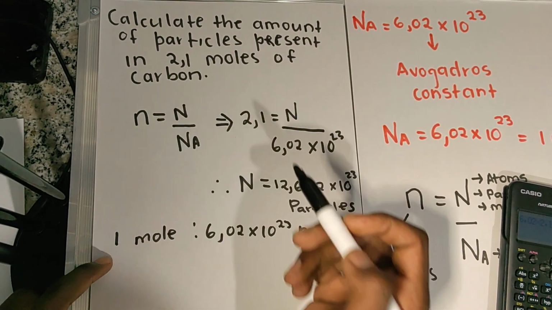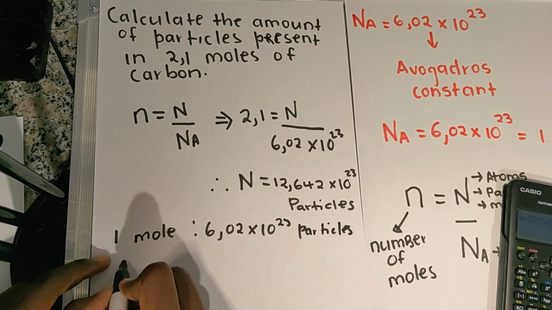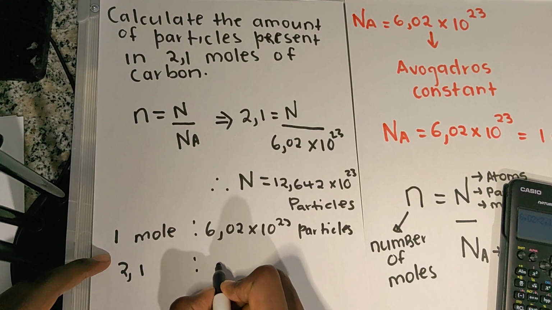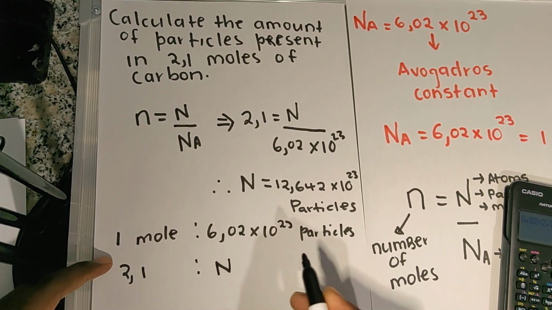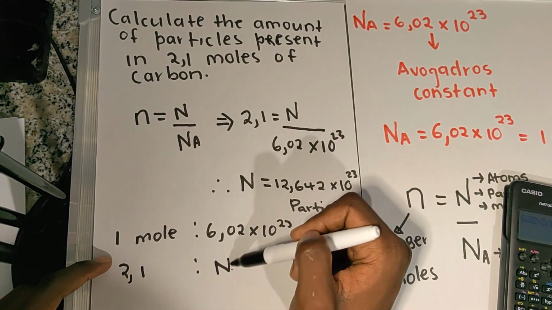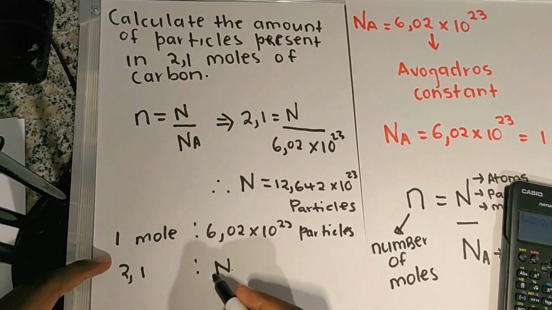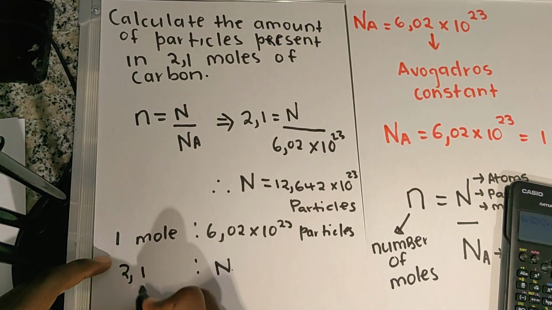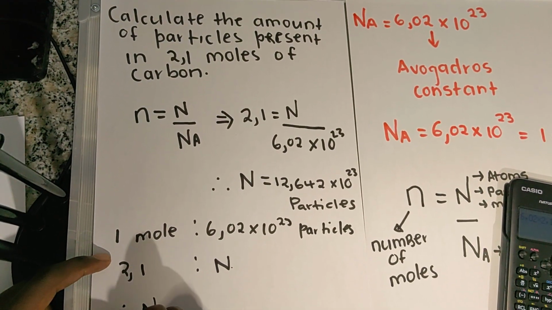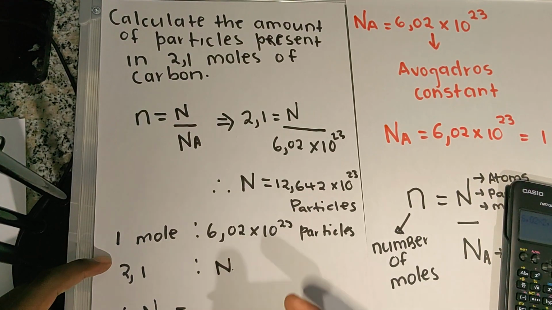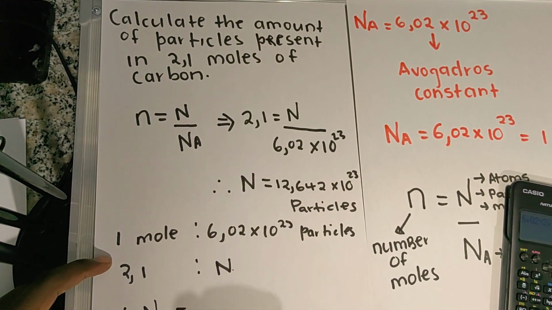We're given the number of moles. I'm going to write the number of moles under 1 mole, so 2.1. And then we are trying to find the number of particles. Remember, we represent number of particles by n. So what you need to do here is to simply cross multiply. So n finally will be the same amount. If you say 2.1 multiplied by that number, it's going to be the same calculation as above.